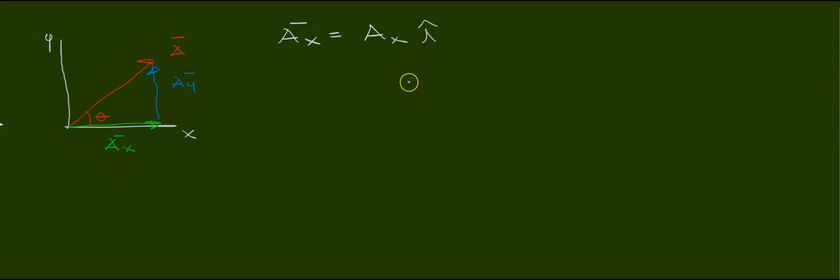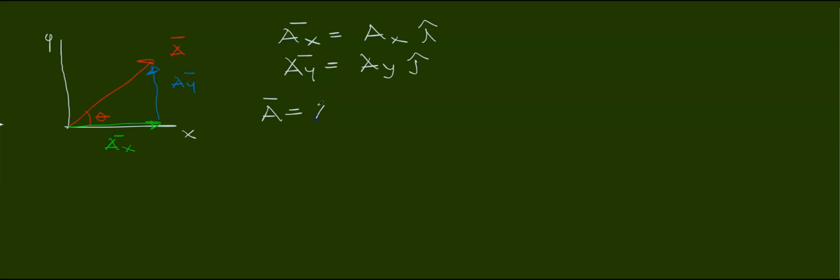Right? There you go. So these two notations are equivalent. Similarly, I can say that vector Ay is equal to the magnitude of vector Ay in the direction of the j unit vector.